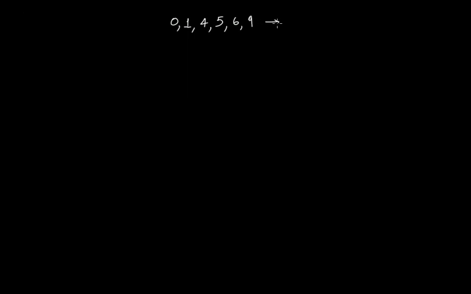That is, at the units place of any perfect square, if you take any perfect square, it will end with either 0, 1, 4, 5, 6 or 9.